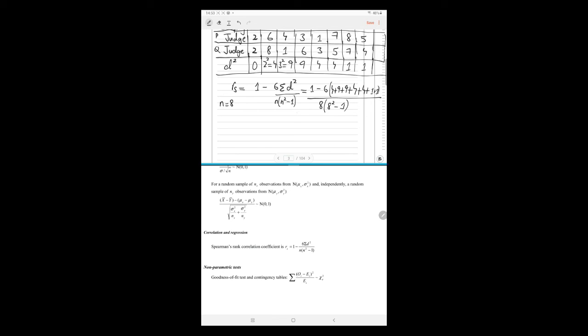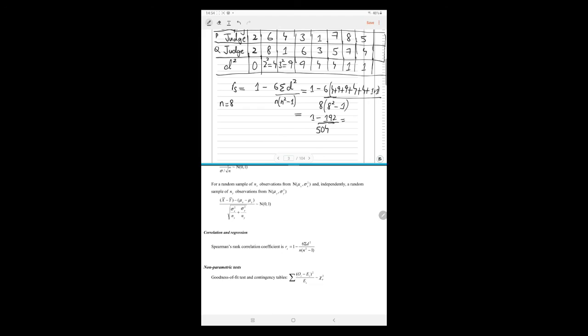If you calculate this, you're going to get, let's see, 4 plus 9 plus 9 plus 9 plus 4 plus 4 plus 1 plus 1 multiplied by 6, that's 192. That's 1 minus 192 all over. Oops, my bad, this one is out. The 1 is not considered with the fraction.